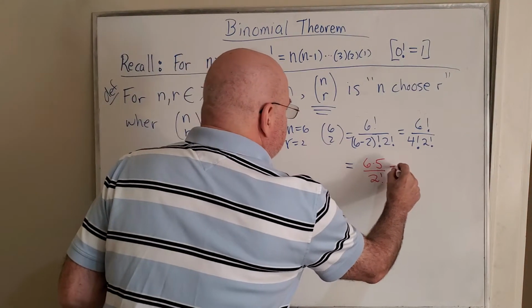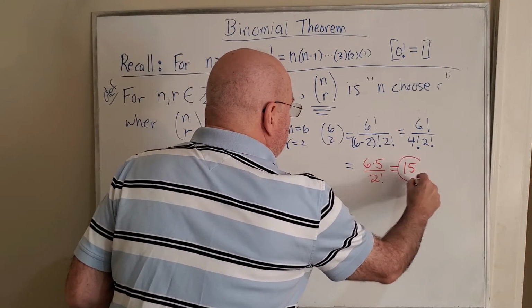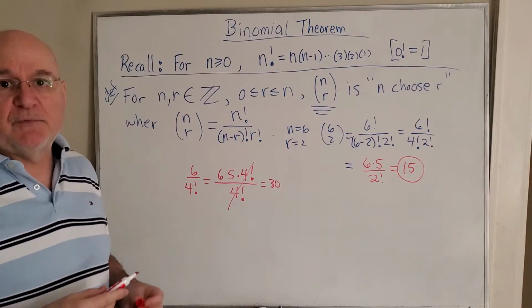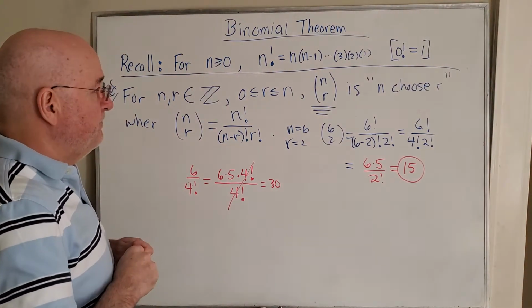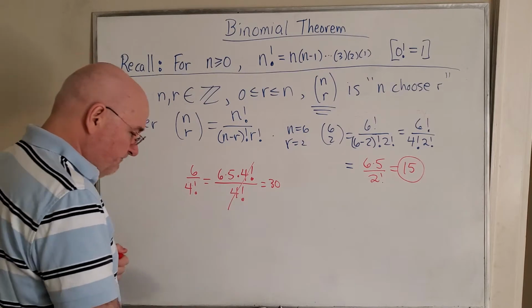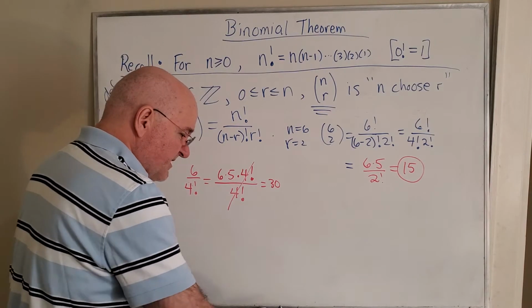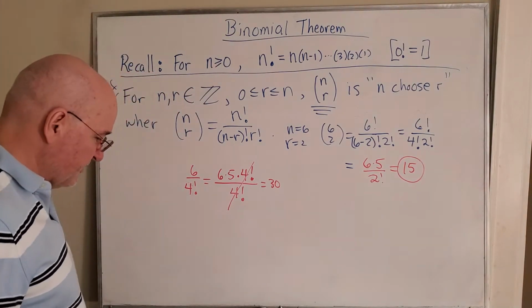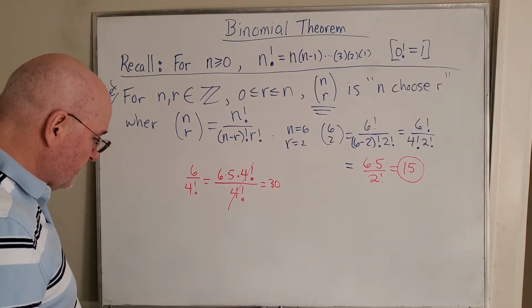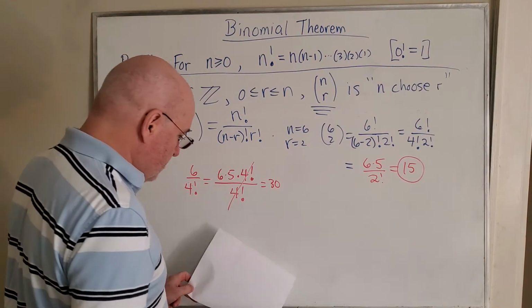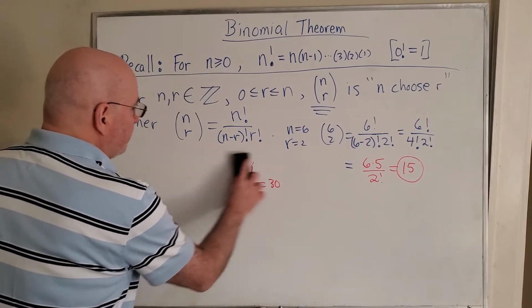So 30 over 2 would be 15. Which is exactly what we counted when we did the problem previously. So memorize this formula. It's very important. Again, you'll see it in probability or in any class where you have combinatorics involved. Okay, let's do just a couple more examples.